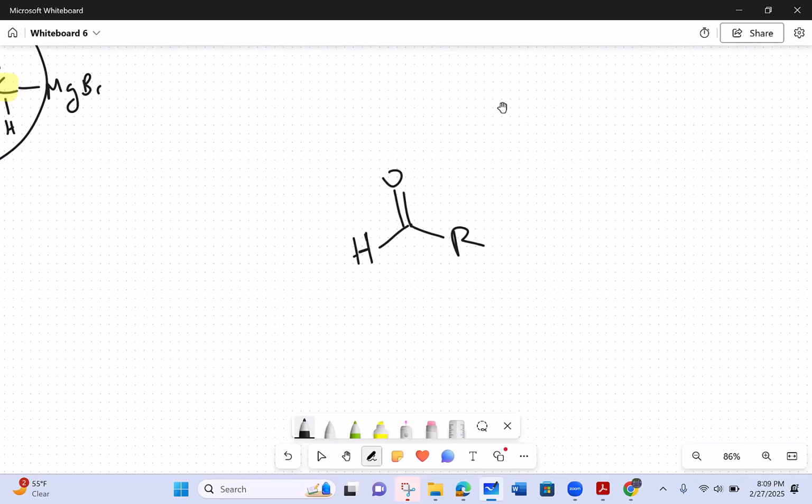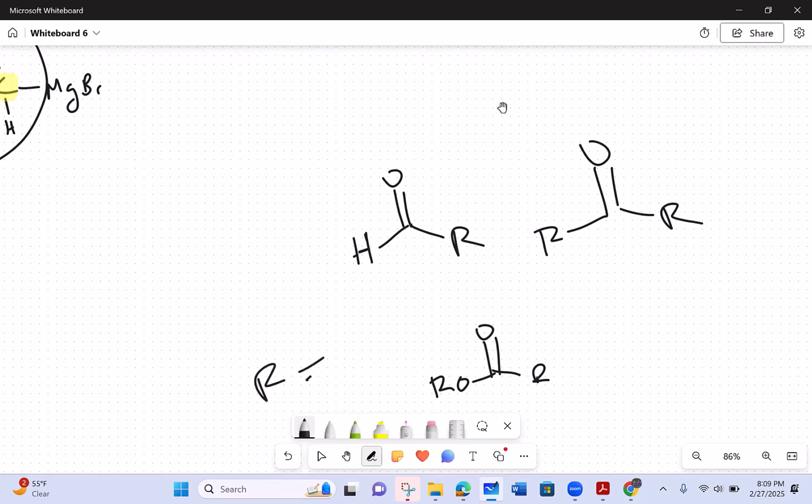That's an aldehyde. If it's 2 R groups, that's a ketone. And then for ester, it is OR. But R can't be hydrogen. It's got to be a carbon.